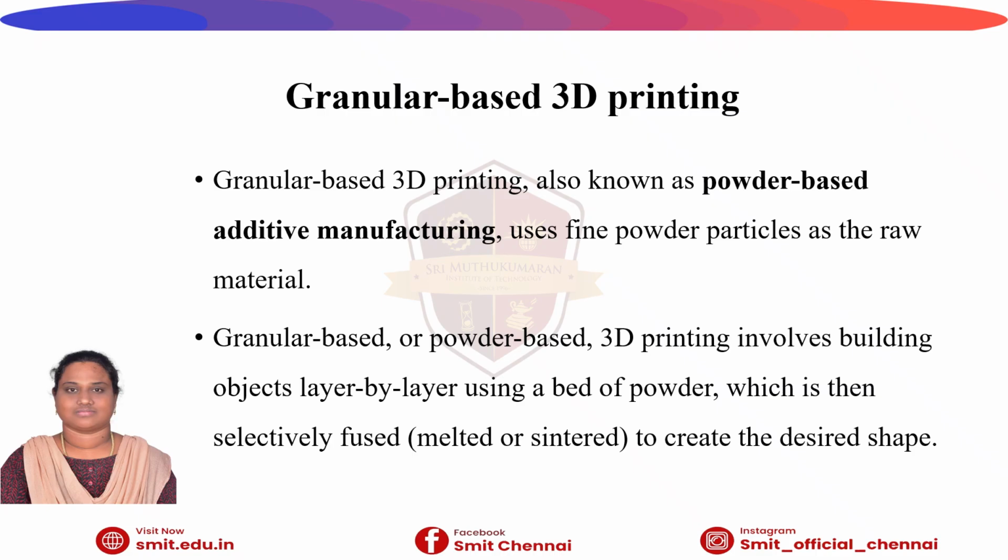Once the layer is completed, the platform moves down and a new layer of powder is spread. This layer by layer fusion continues until the full object is formed. The surrounding unfused powder supports the part during printing, eliminating the need for additional support structures.